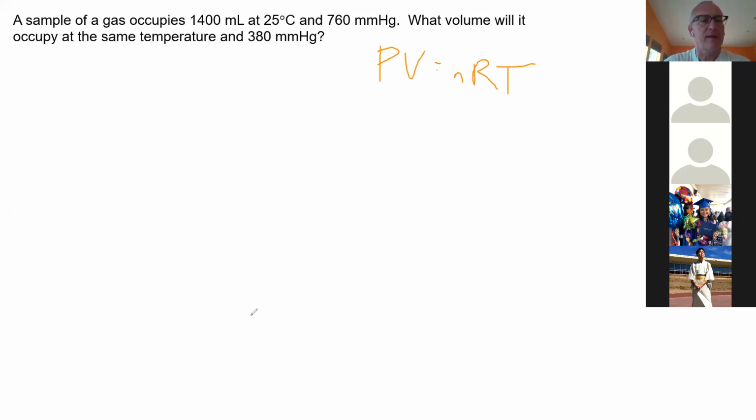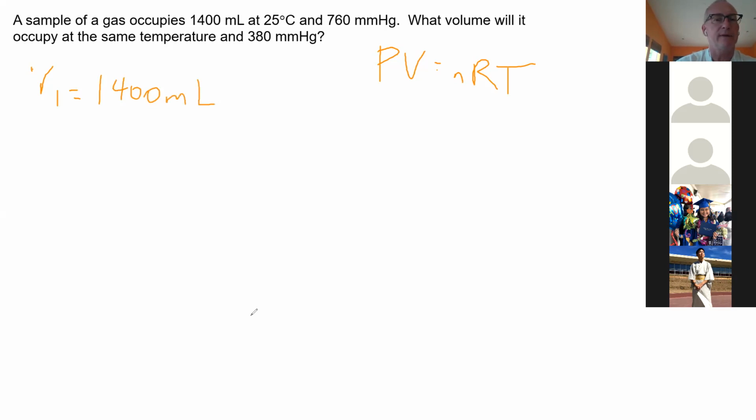So just like I said for the first question, we'll look at what information we have and what information is being looked for. We have V1, that is 1,400 milliliters.